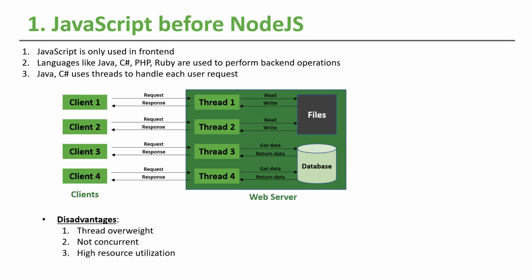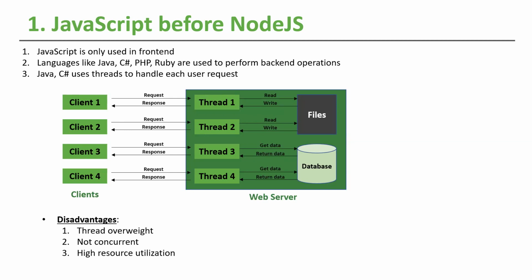This thread is responsible for any backend service like reading or writing to files or getting data from a database. In this diagram, we can see just 4 clients. So imagine if there are 1,000 to 2,000 or a million clients accessing a web application. In that case, there are so many threads.